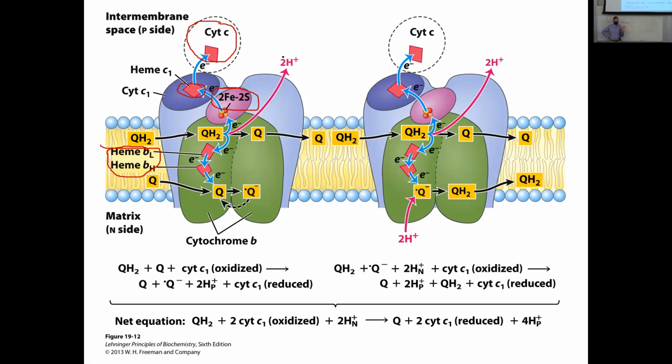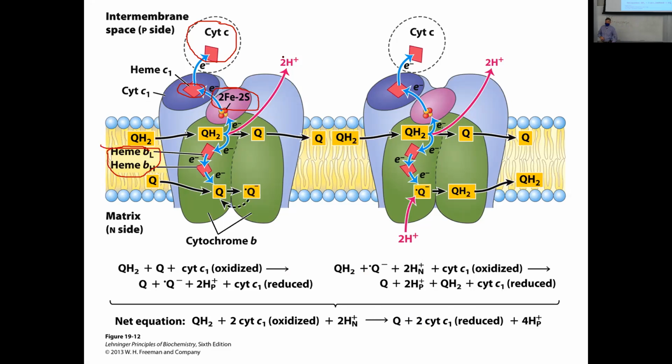There is a problem here. The problem is that the QH2 is bringing in 2 electrons, and the cytochrome C can only accommodate 1 electron. And you have to bring in then an additional copy of the oxidized cytochrome C to pick up a second electron to carry it off to complex 4.